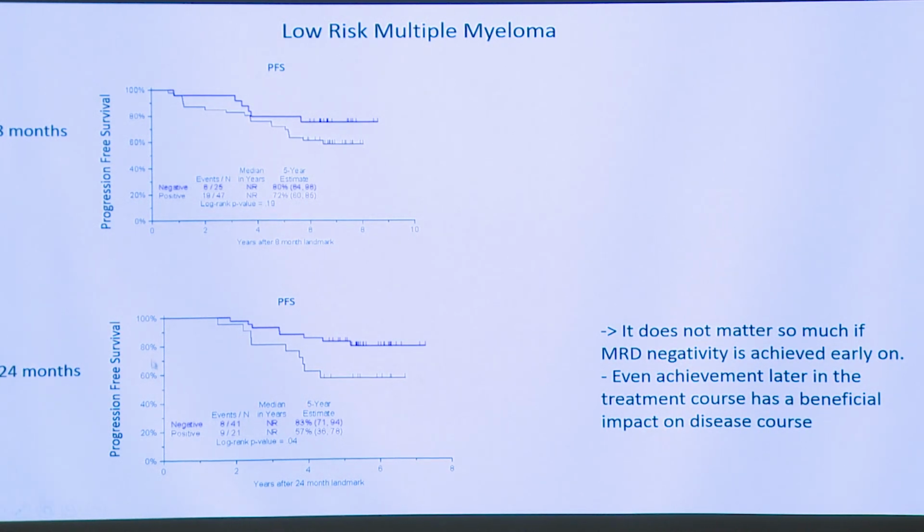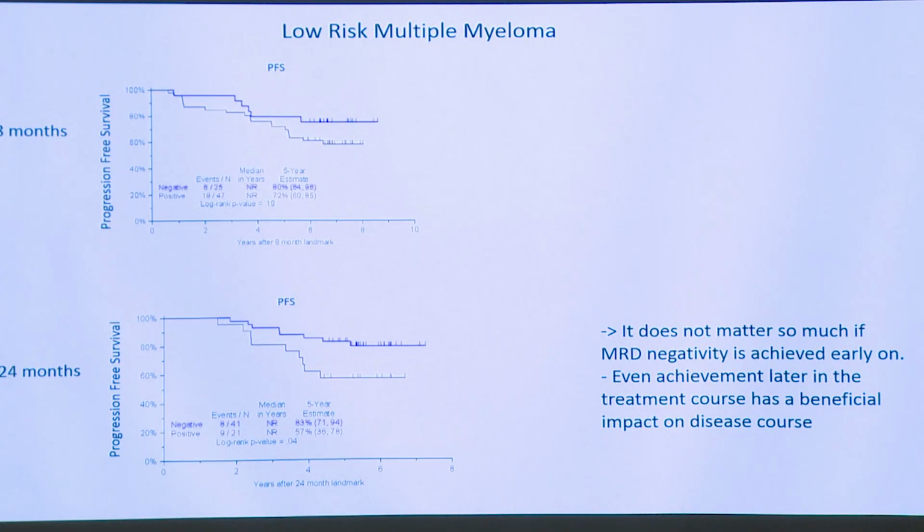It's a 3-year maintenance, but this is measured after 24 months. So it's true that the remaining time of maintenance is probably short. That's why a lot of patients who are still MRD positive here will likely relapse.